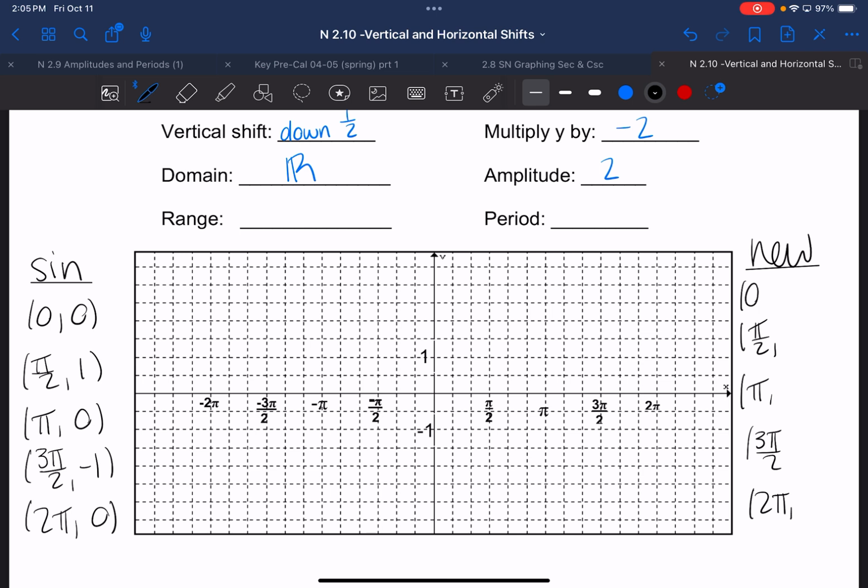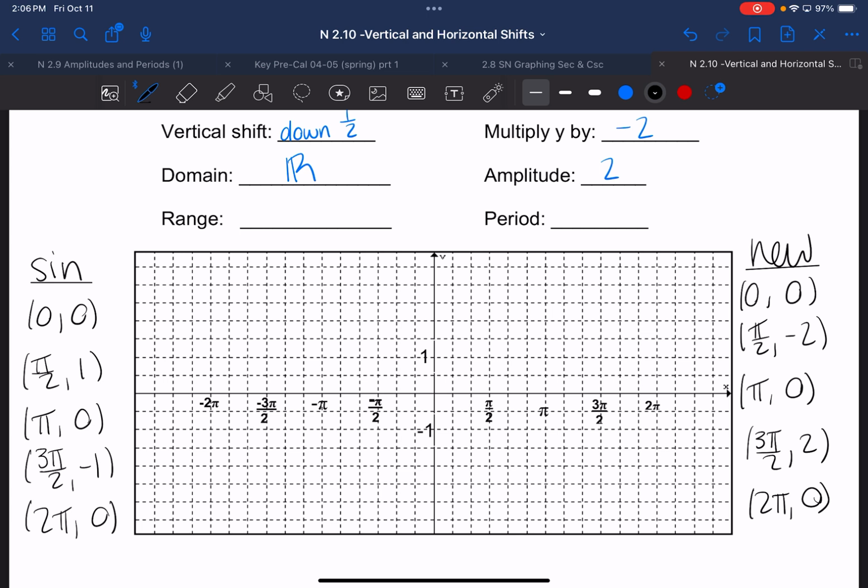And what are we multiplying y by? -2. All right, so 0 times -2 would be 0. 1 times -2 would be -2, and 0 again would be 0, and -1 times -2 is +2, and 0 would be 0. Okay.